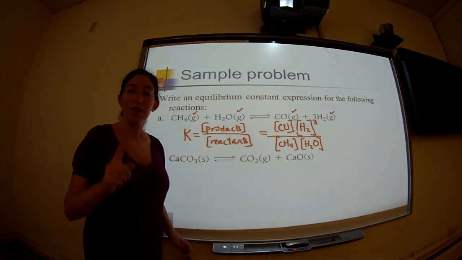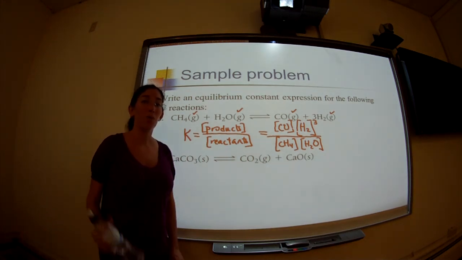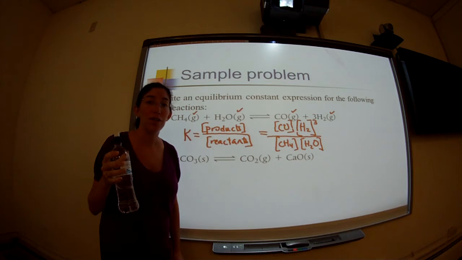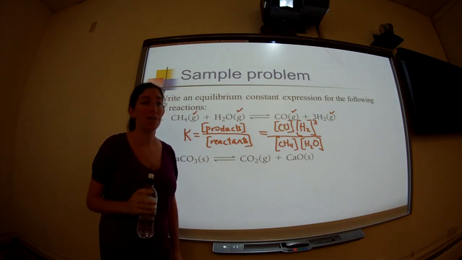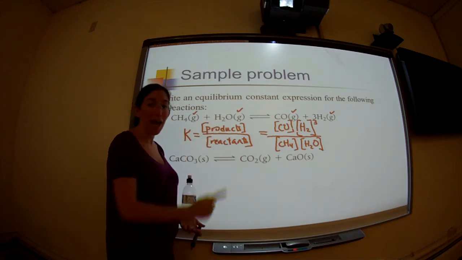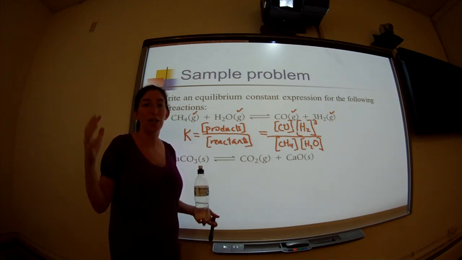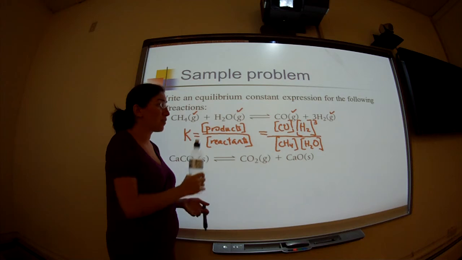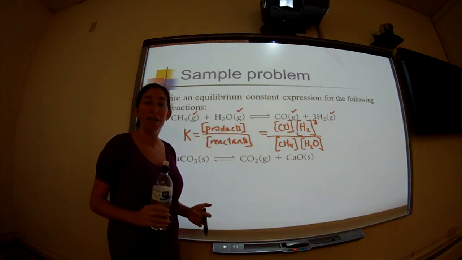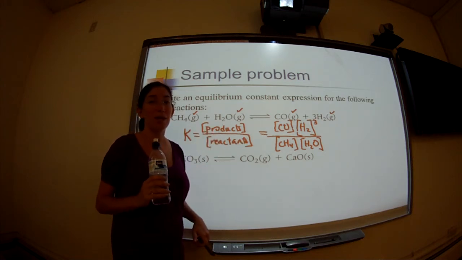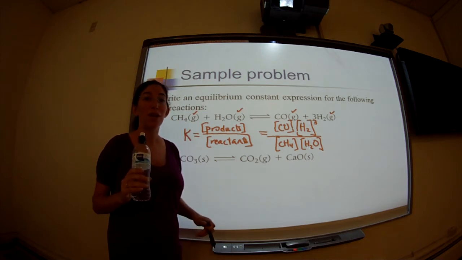I just made the point that water doesn't have a concentration. Water liquid doesn't have a concentration, but water gas, any gas can be compressed, and its concentration can be changed because it can be compressed. So because it's gaseous water, it does go into the equilibrium constant equation, okay?